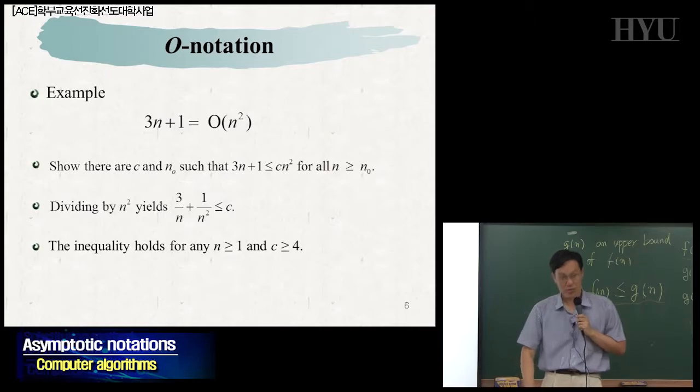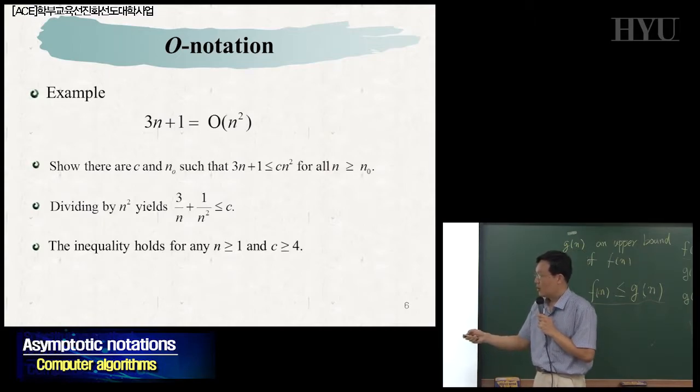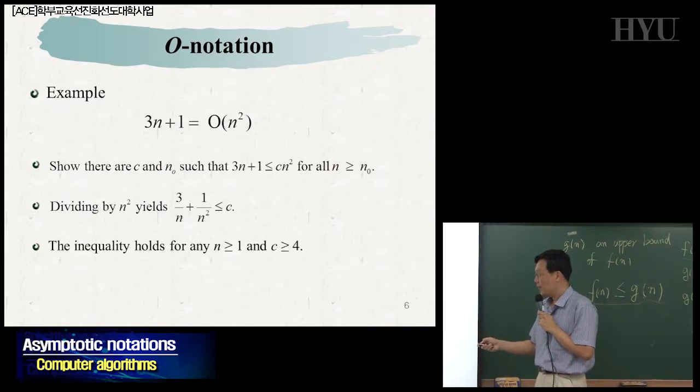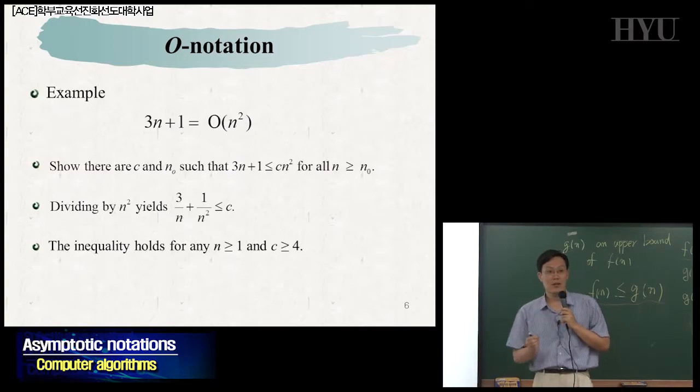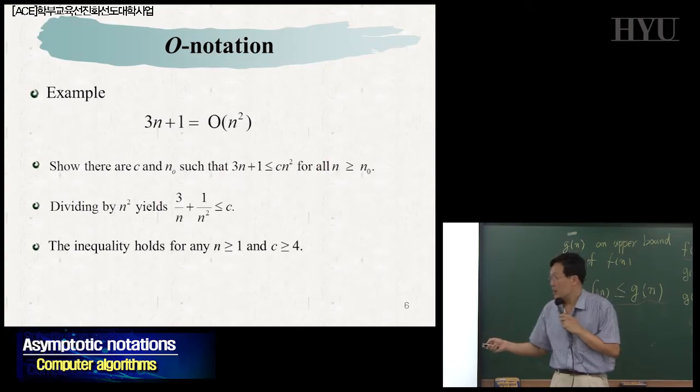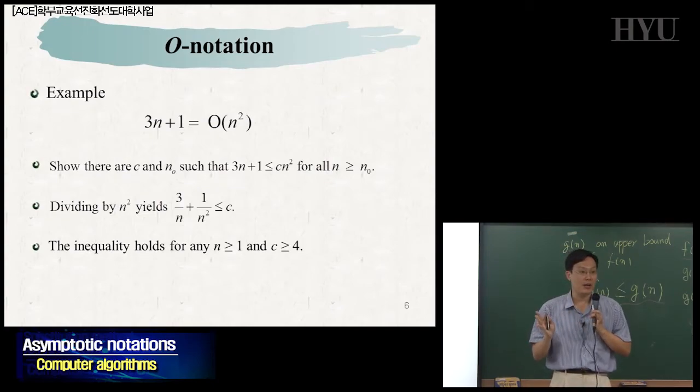So the maximum value of the left-hand side is 4. So if we set c as 4 or more, this inequality is satisfied.